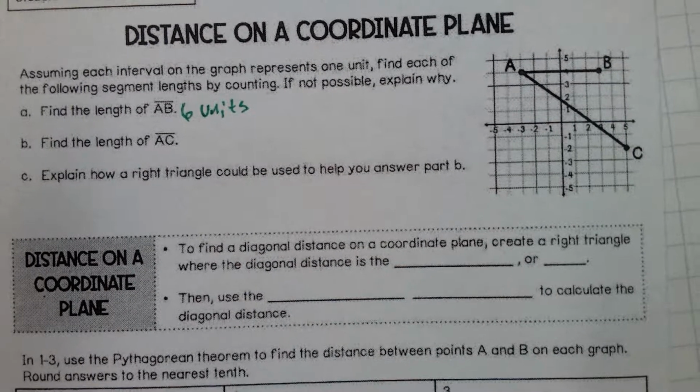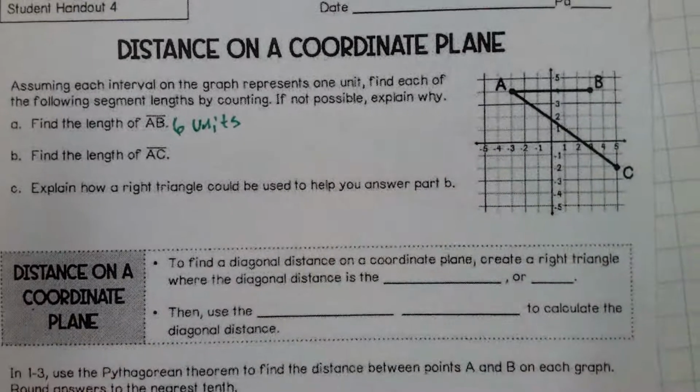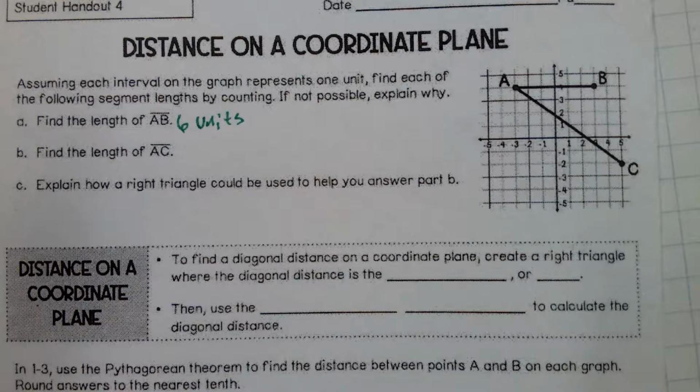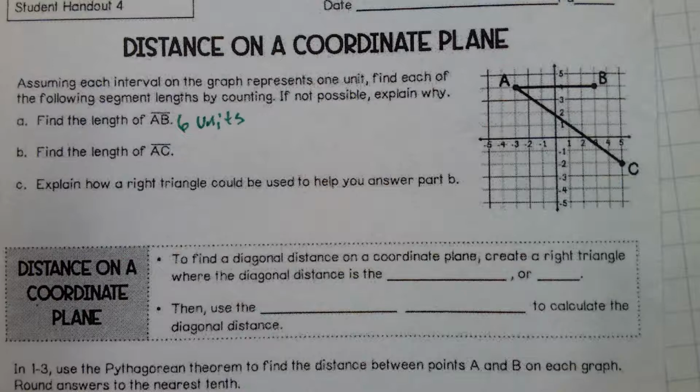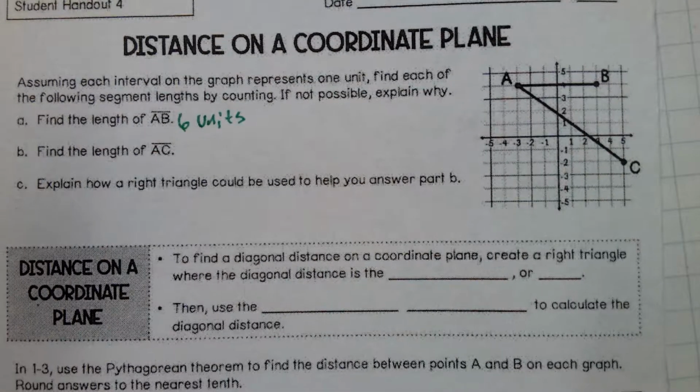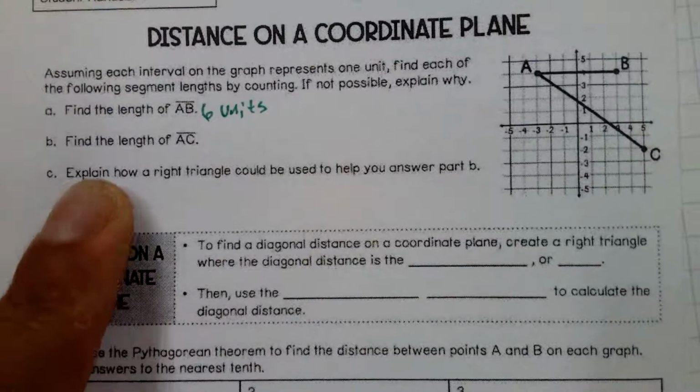How can we find the length just by counting? Is that possible? Okay. Ooh, yeah, that still seems like a lot of work. Maybe then we'll come back to this question.